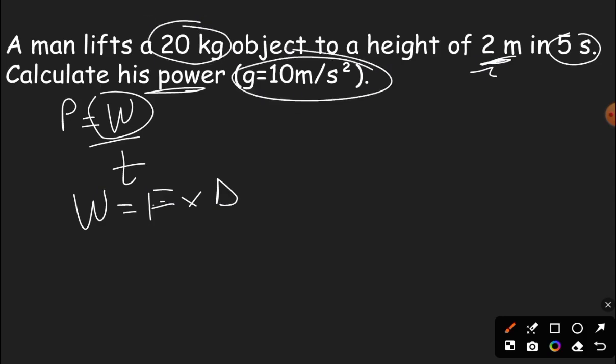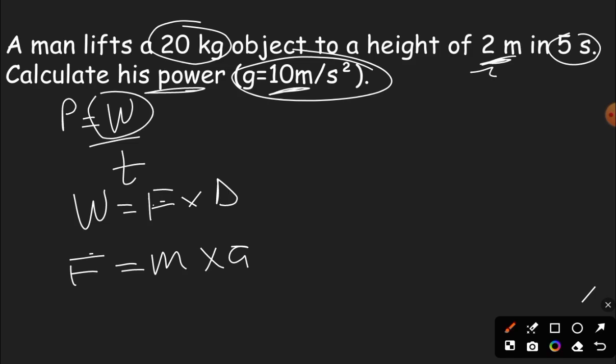We can use this and that to find the force. So force equals mass multiplied by acceleration. Now the acceleration we have here is acceleration due to gravity. G equals 10 meters per second squared.